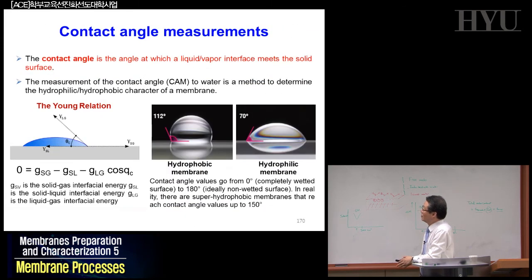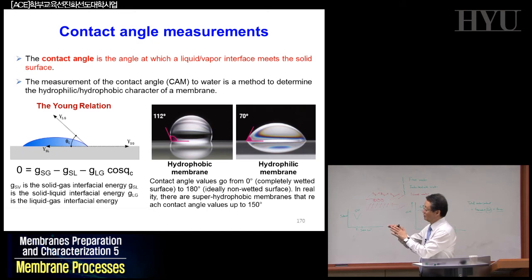But before we go to the Tg measurement, you can measure the contact angles. Contact angle is defined as the angle between the surface of your membrane and the liquid, and this is defined as theta. The lower the contact angle of water, the more hydrophilic the membrane is.